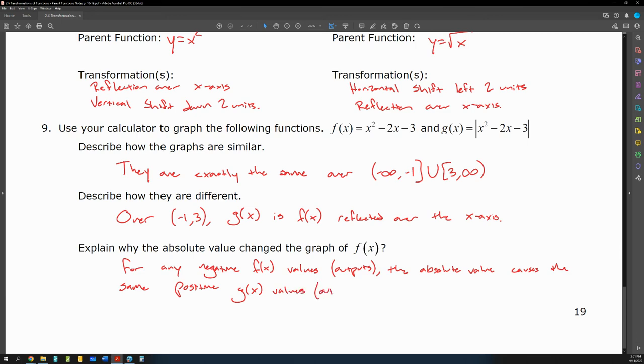And again, those are outputs. So for any negative f of x values, the absolute value causes the same positive g of x values.